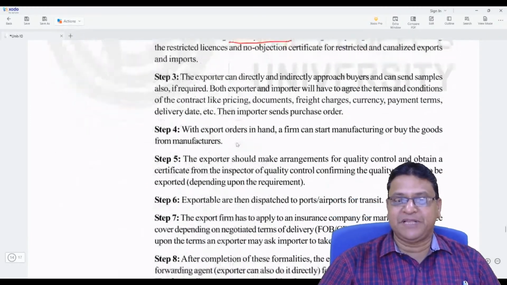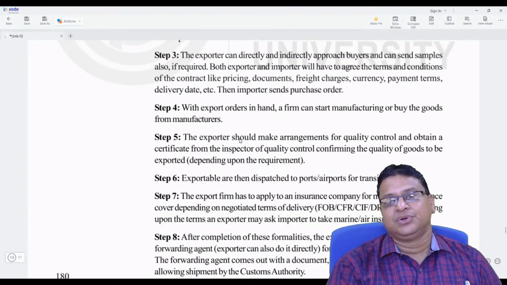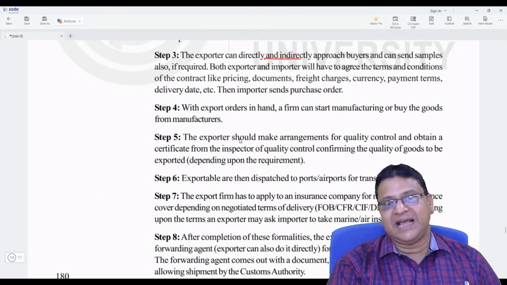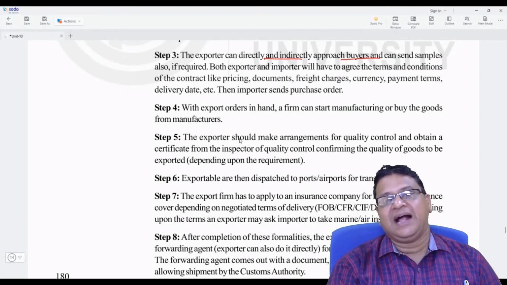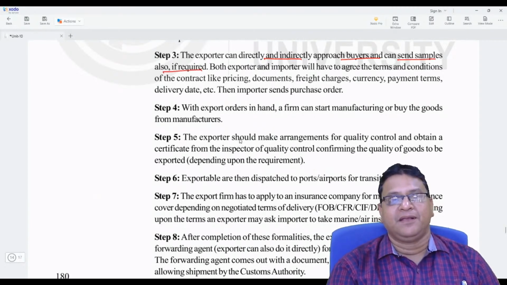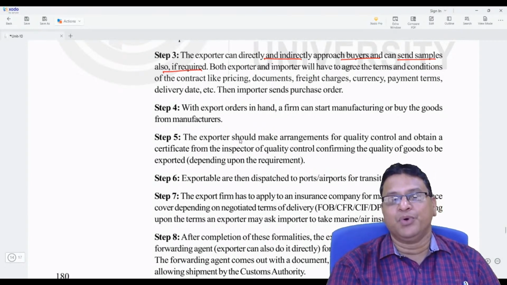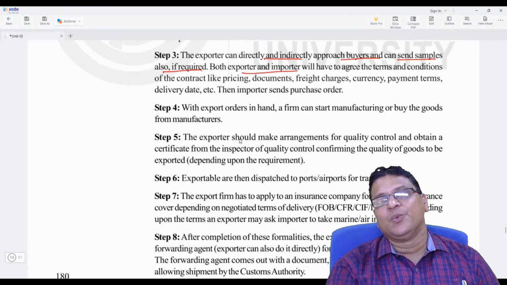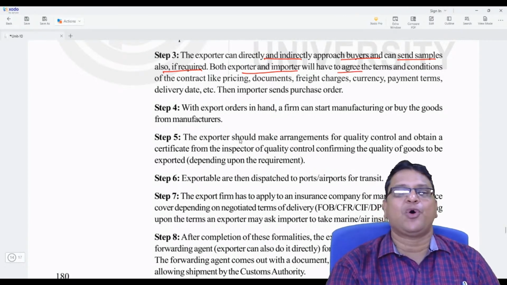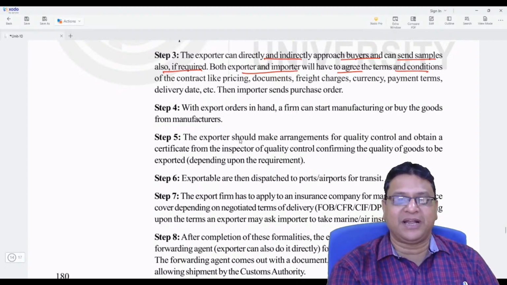The third step is you can approach the buyers directly or indirectly, and can send your samples if required. And if your sample is accepted, both exporter and importer will agree on certain terms and conditions. What are the terms and conditions agreed between importer and exporter?